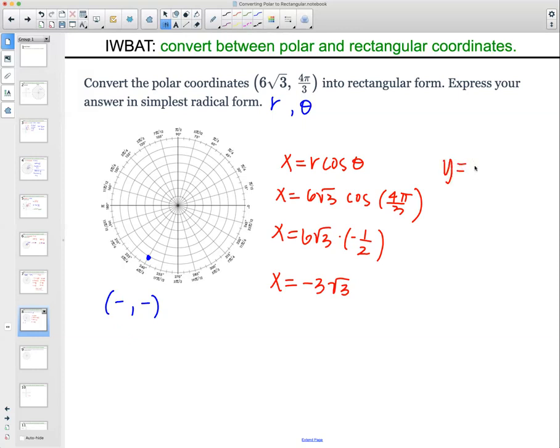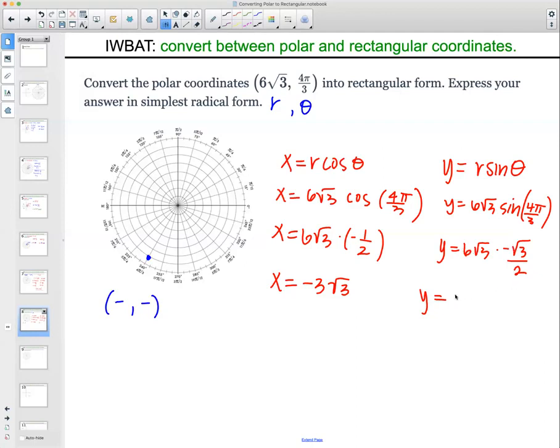Okay, do it again for y. So r sine theta, your radius is 6 root 3 times sine of 4 pi over 3. So 6 root 3, the sine of 4 pi over 3 is negative root 3 over 2. So 6 divided by 2 as we simplify with this negative.